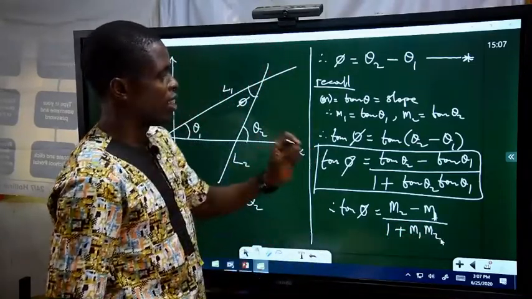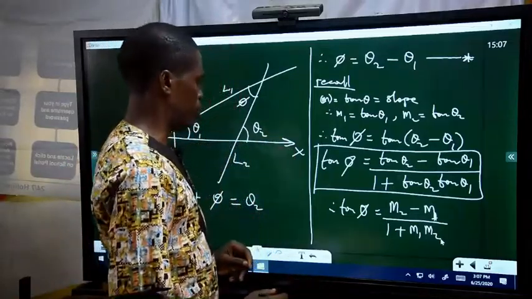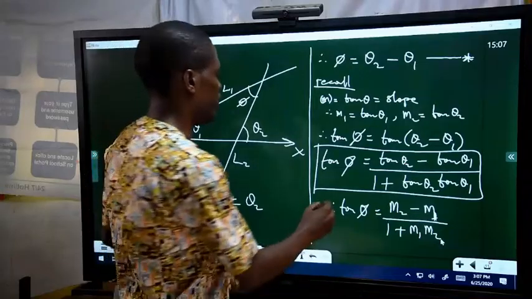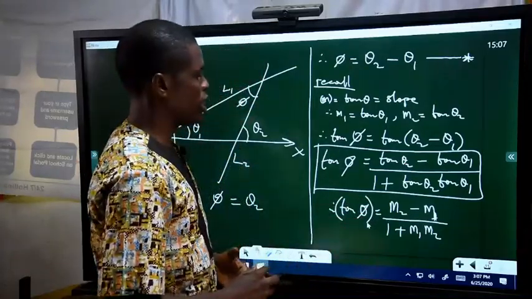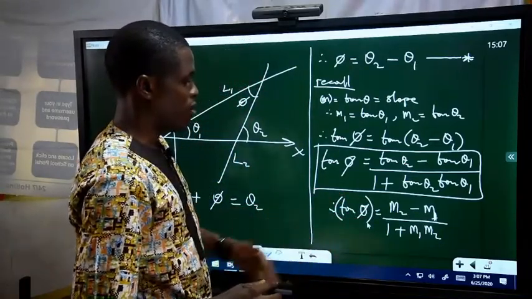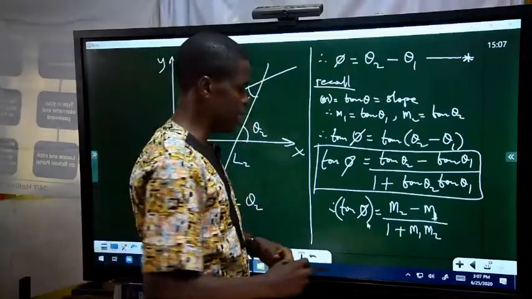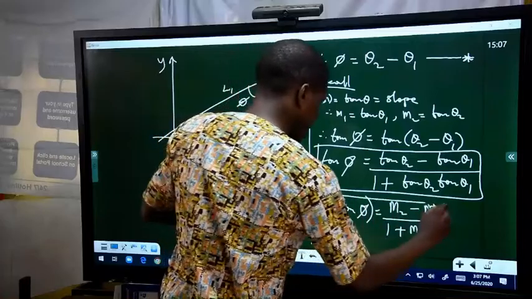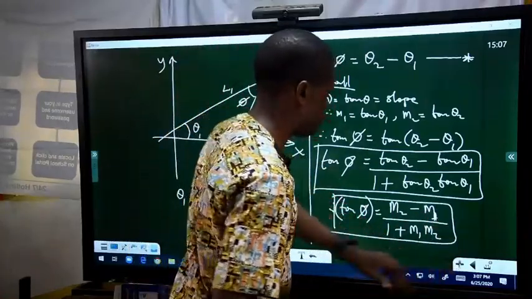Recall that m1 and m2 are gradients or slopes. So we can find the defined and undefined cases of the expression. Let's see how we can find them.